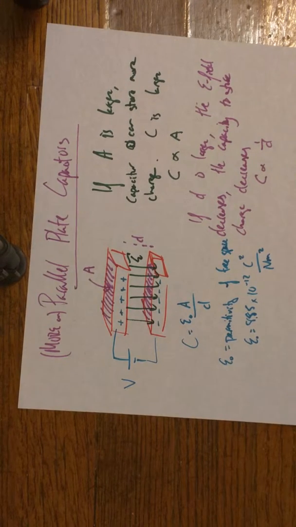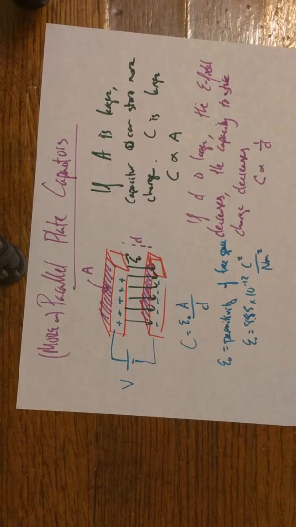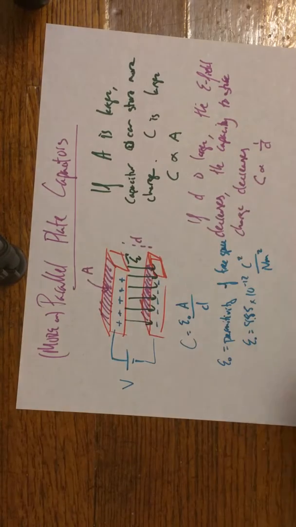Okay, so suppose that we fully charge up this capacitor. We leave the battery on for a given amount of time. We build up some positive charge. We build up some negative charge.